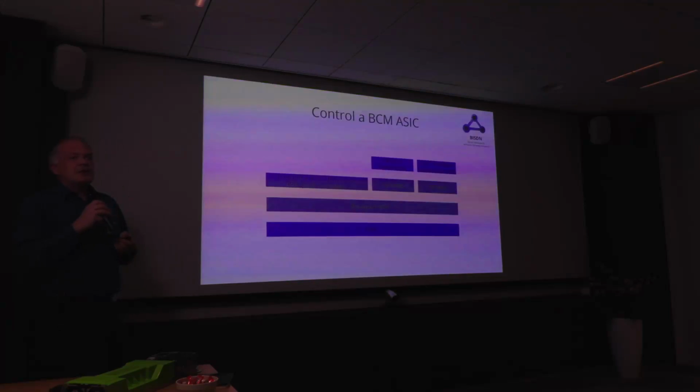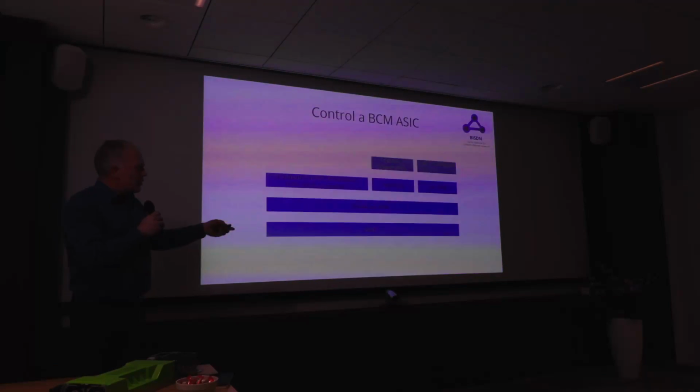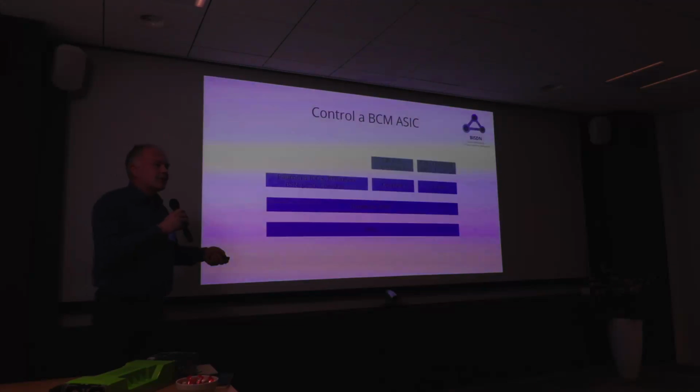OpenNSL gets you abstractions of create me a trunk between those ports, assign an IP address to this port, etc. And then there is OpenFlow, which is the standardized abstraction of an ASIC.